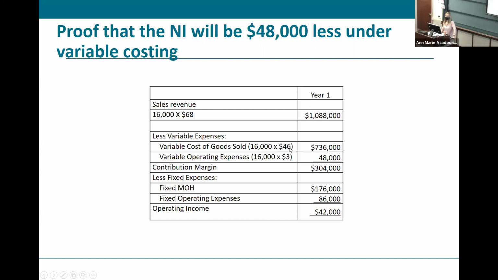That 46 is just the direct material, direct labor, and variable overhead. And then here's your variable selling. All variable costs are deducted from sales to give you your contribution margin. Then take a look at that fixed factory overhead. It's a period cost. All 176,000 is going to be expensed in the period as incurred. And then here's your fixed operating, and you can see your net income is 48,000 less than what you calculated under absorption costing.